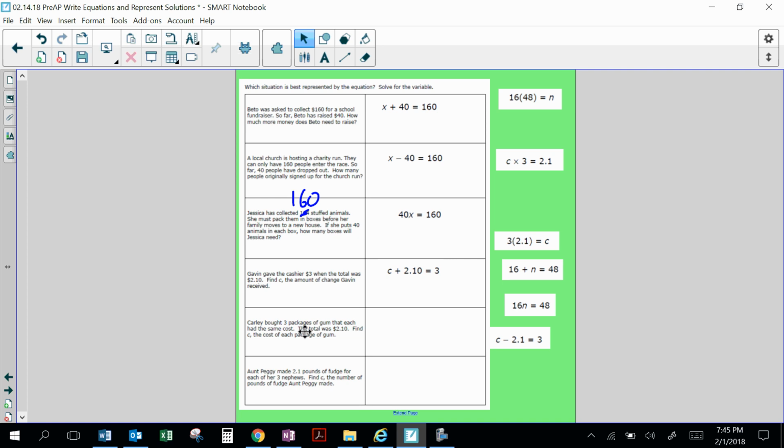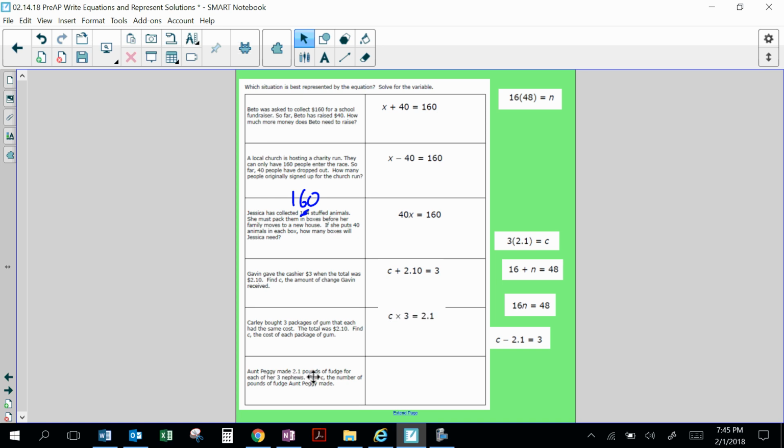Charlie bought 3 packages of gum that each had the same cost. The total was $2.10. Find C, the cost of each package of gum. Yes. 3 packages of gum times the cost equals $2.10. That we know.